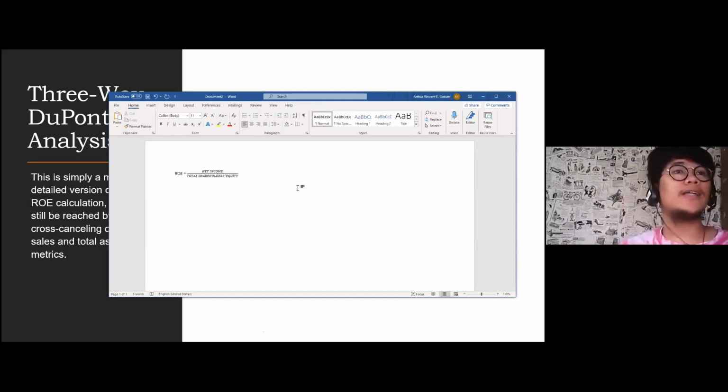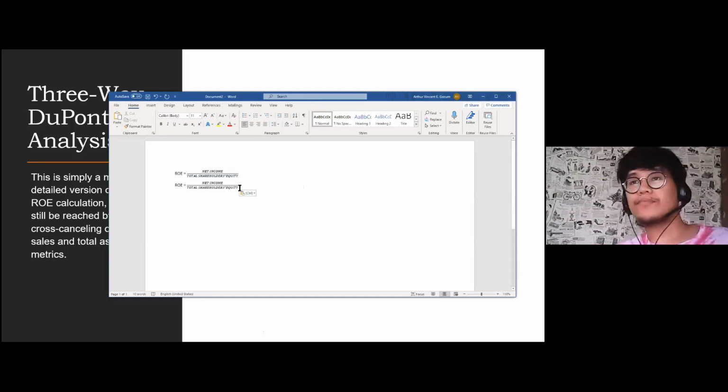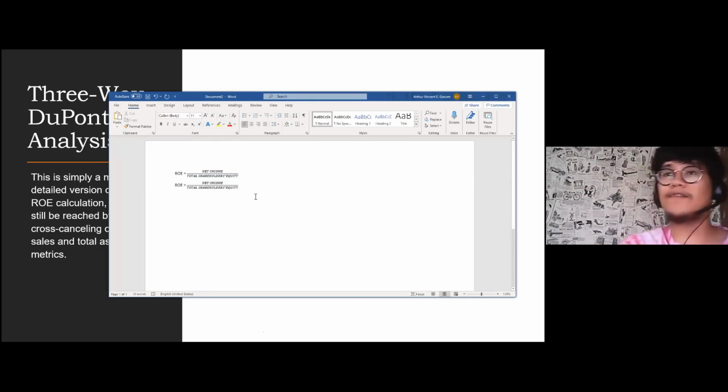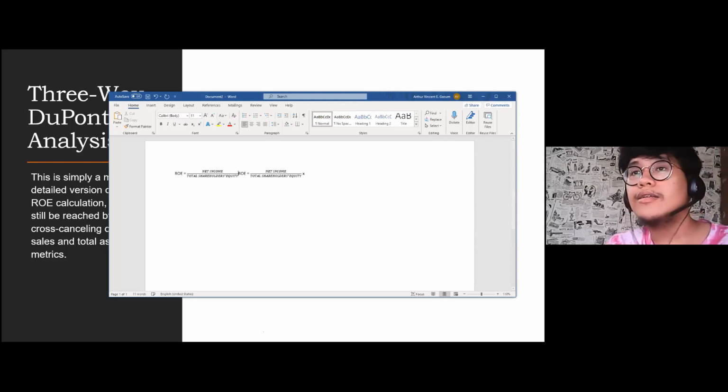That's why nag-isip sila ng way para makita nila yung mga loopholes, no? So they arrive by multiplying this initial formula of ROE by, saan minultiply to ulit?